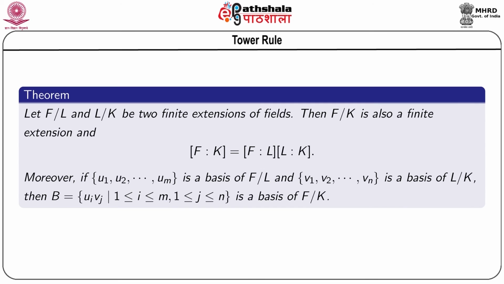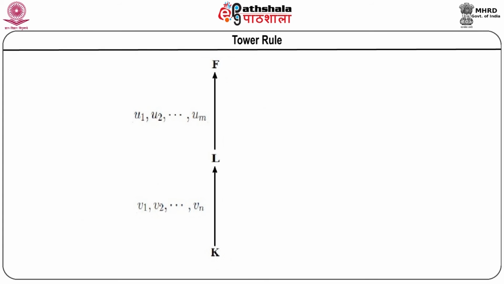Here I give only a sketch of the proof. Suppose F is a finite extension of L and L is a finite extension of K. Assume that the degree of the extension F by L is m and a basis is u1, u2, ..., um. Also assume that the degree of the extension L by K is n and a basis is v1, v2, ..., vn.